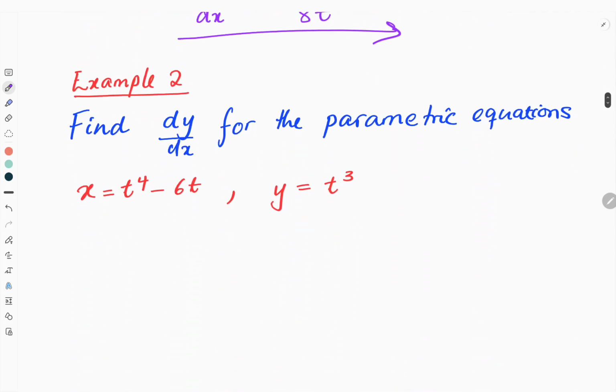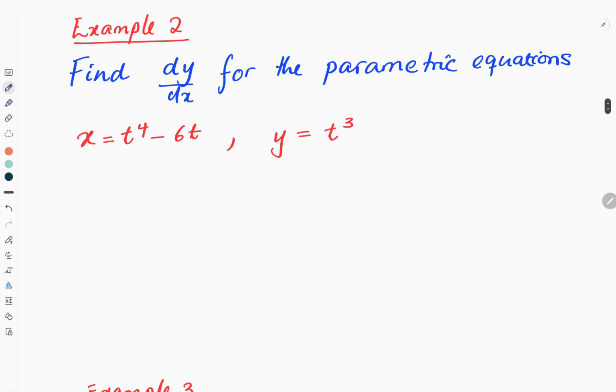Now, moving on to the second example. We've got another two parametric equations, again related in terms of t. To find the dy/dx, first of all, we do dx/dt is equal to 4t cubed minus 6. Then dy/dt is equal to 3t squared.